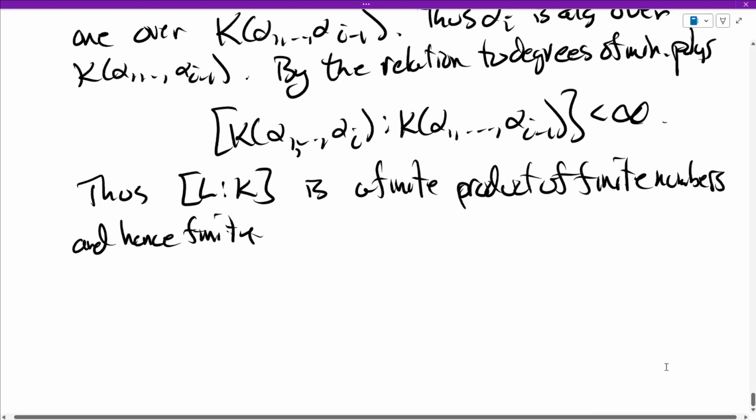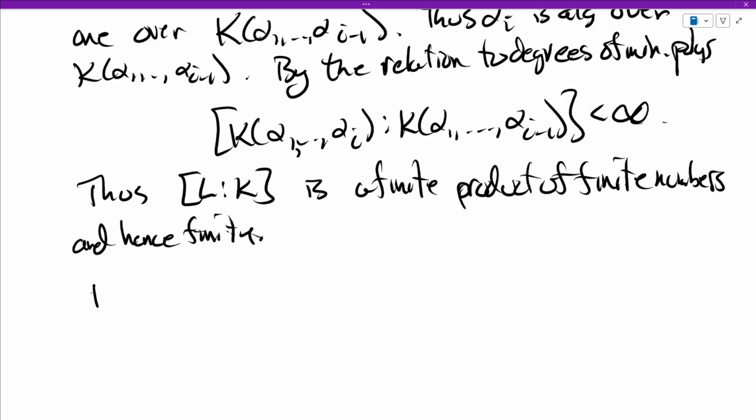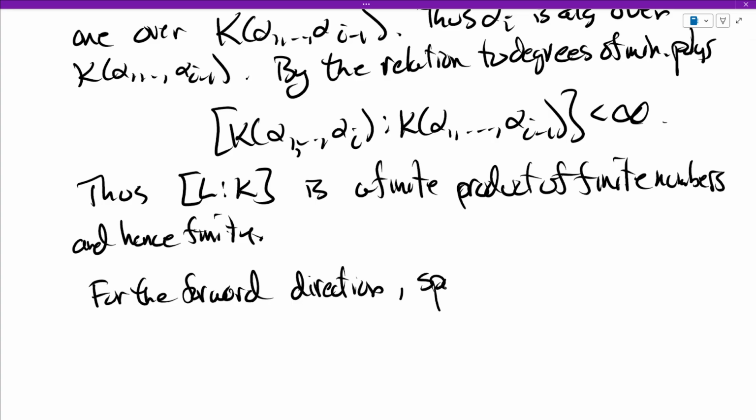All right, great. So that's the backwards direction. We're now going to go for the forward direction. Suppose that L over K is finite.